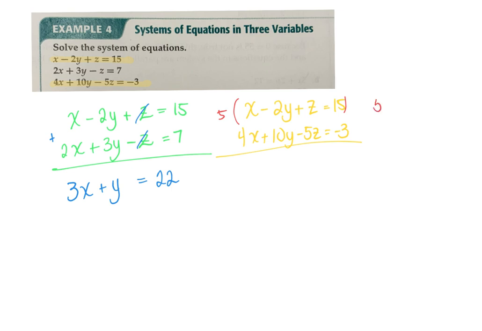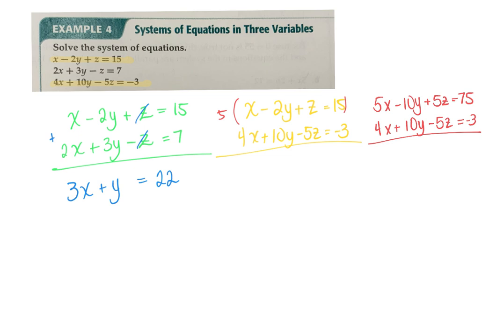So I will have 5x minus 10y plus 5z equals 75, right? And then the bottom I'll leave alone: 4x plus 10y minus 5z, this is interesting, equals -3. All right? So that's going to help me a lot here.